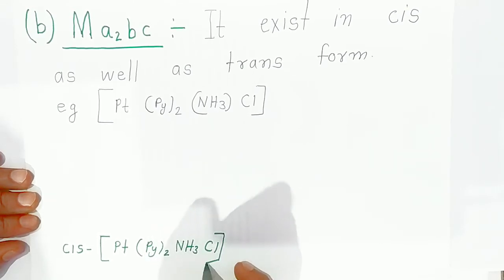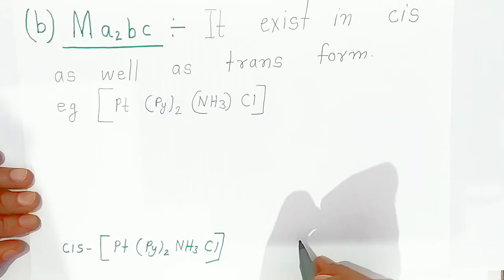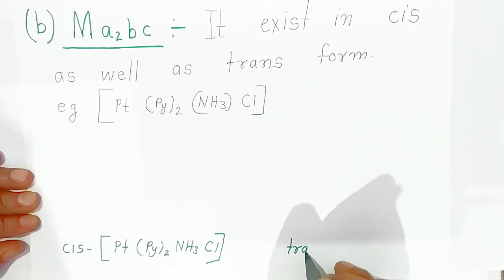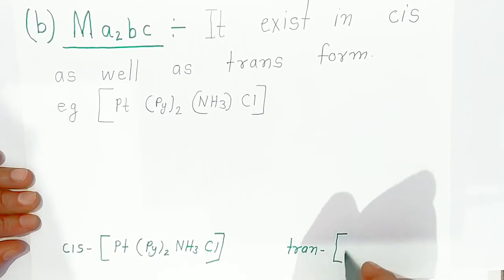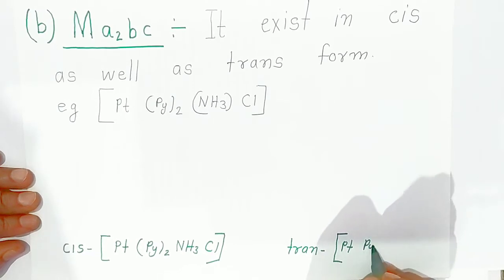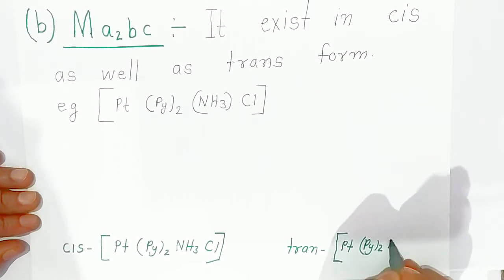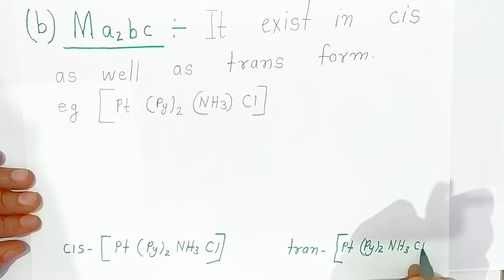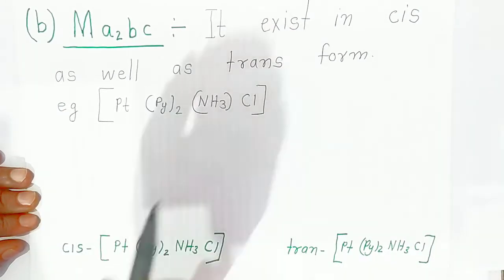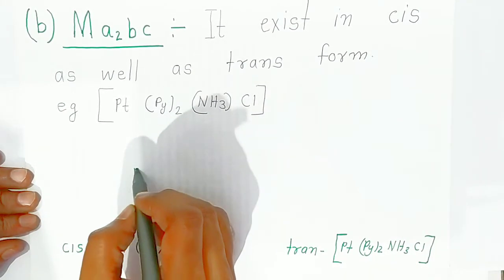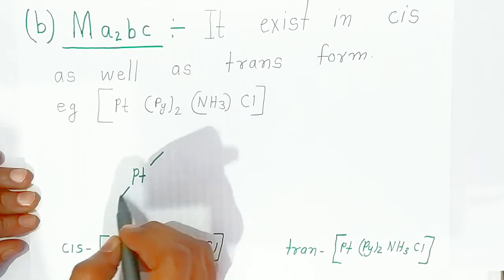So total 3 types of ligands, but pyridine is twice in number. Same we have to write the trans type of structure. Trans platinum complex: platinum, pyridine twice, second ligand ammonia, and third ligand chloride. Because we are writing a square planar complex, students, platinum will be at the center. You have to make this square complex.